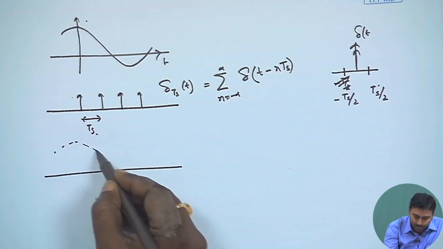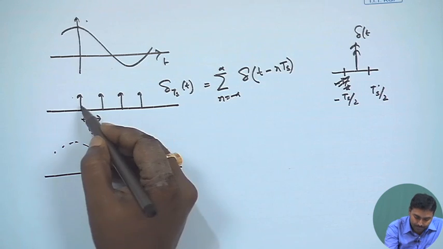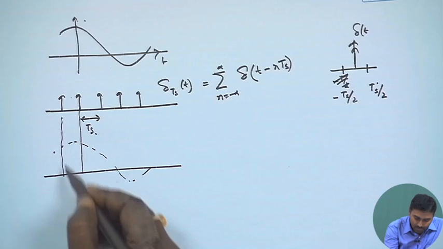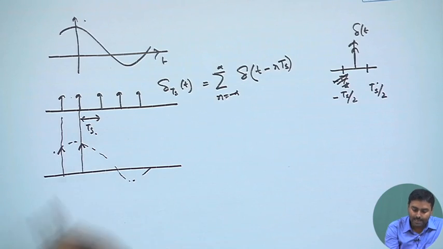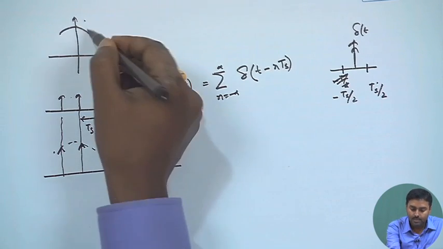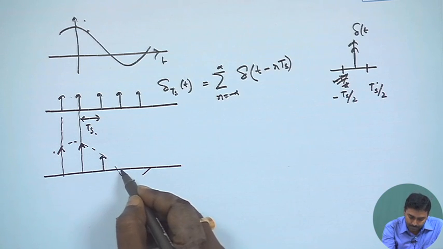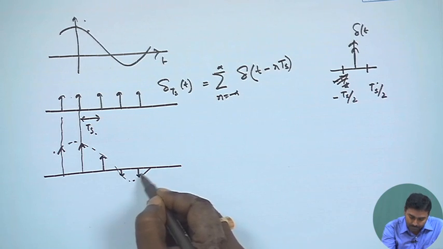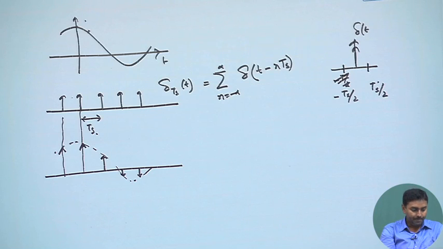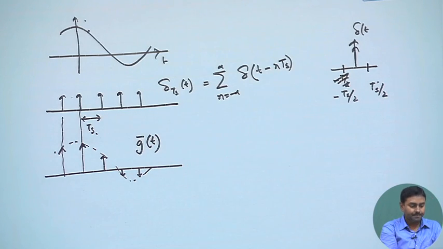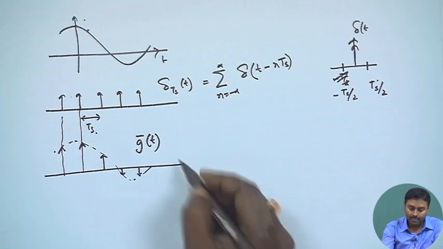If I just draw the envelope, this is where one delta is. At that point, a delta with the strength following this g(t) will be captured, and so on. So what is this?